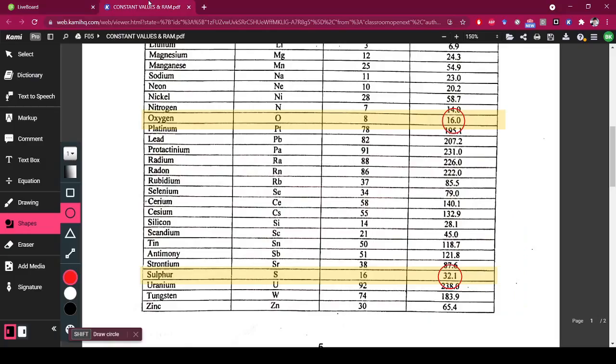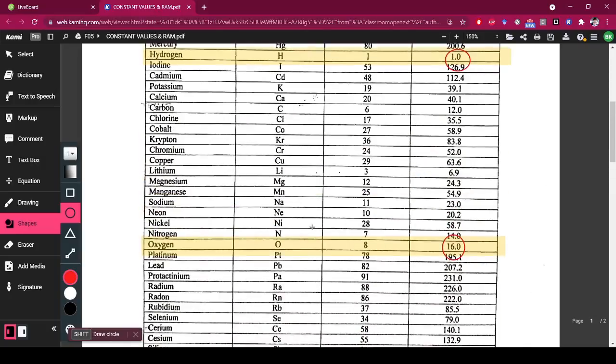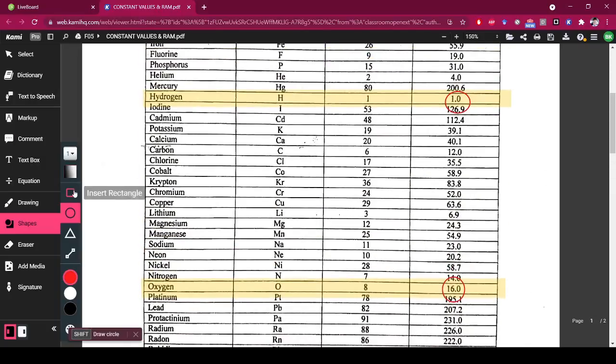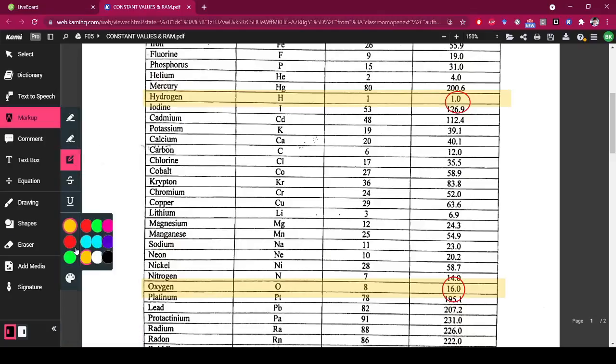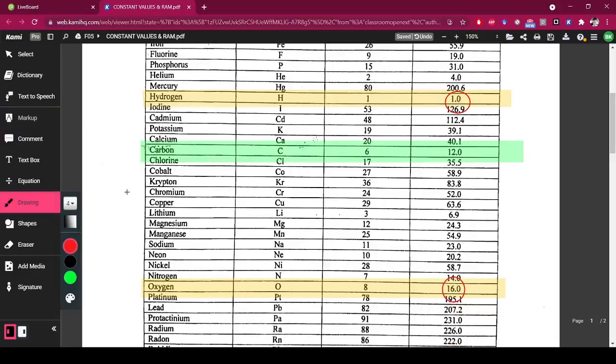If we look at the value over here, when you look at carbon atoms, where is it? So I'm going to use green. So carbon is right there, and you have 12.